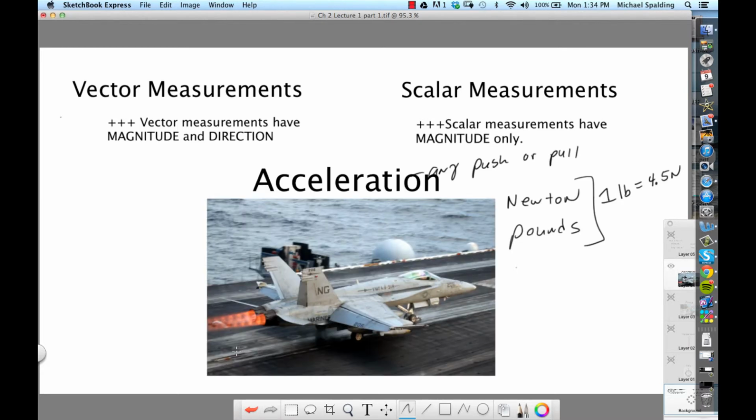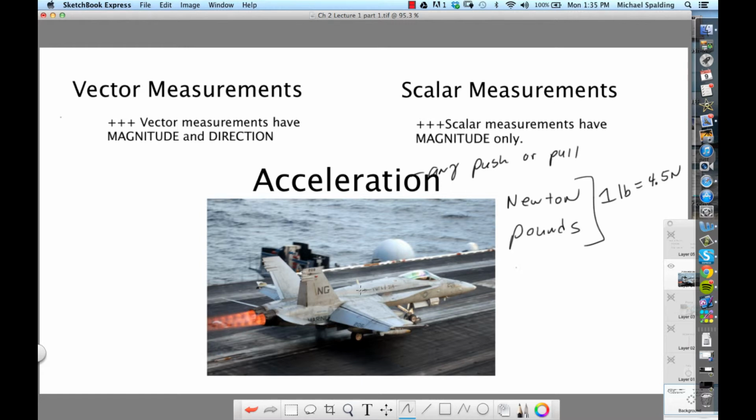And then the last one, we're going to be talking about acceleration. So you guys have an idea of what acceleration is? If an object is going faster, faster, faster, that's an acceleration. If it's going slower, slower, slower, that's a deceleration, also known as a negative acceleration. But is there a direction on acceleration? Yeah, if you look at this jet taking off of that aircraft carrier, which way is the jet accelerating?